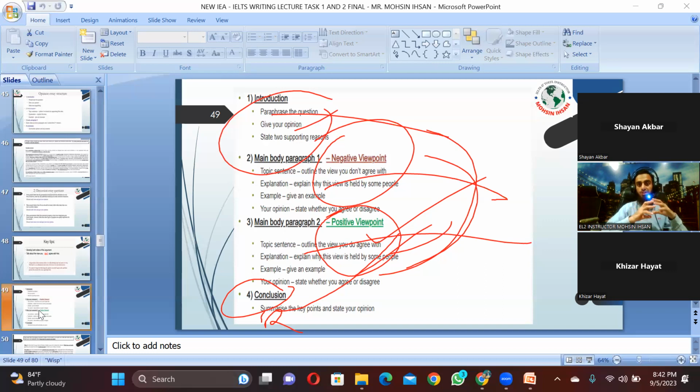Paragraph definition is to share one idea, and if you're sharing one idea also including your opinion in body one, and then in body two another idea and also including your idea, this is going to make a problem for you. Now if discuss both sides along with your opinion is asked, try to share your opinion in conclusion.